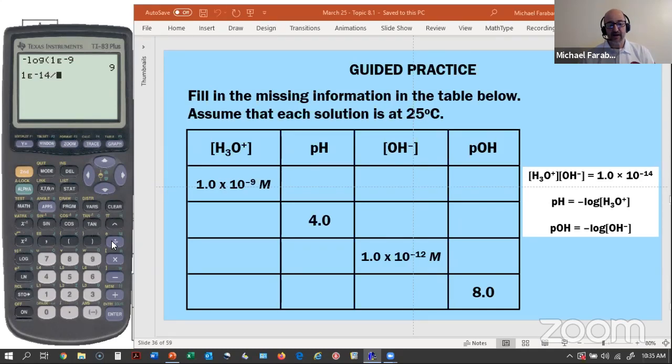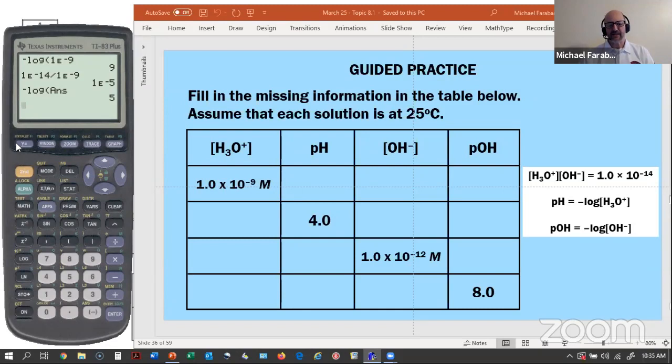and I could divide by the concentration of hydronium, in this case 1 times 10 to the negative 9. And if I did that math, I would get 1 times 10 to the negative 5, which is the concentration in moles per liter of hydroxide. And of course, if I did the negative log of that value, I would get a pOH of 5.